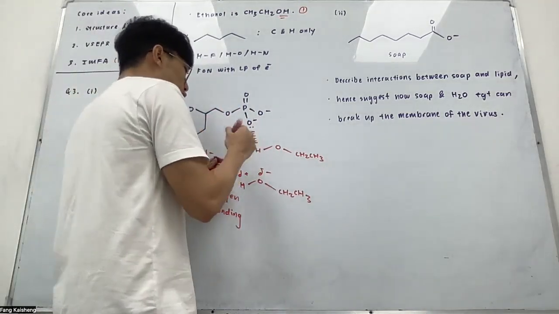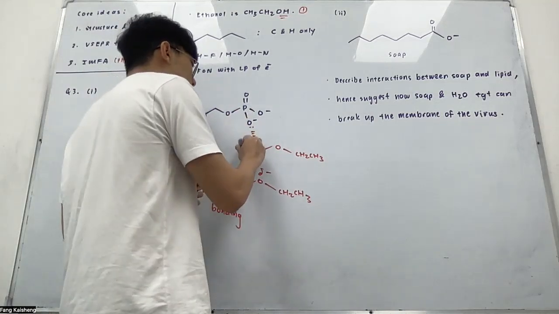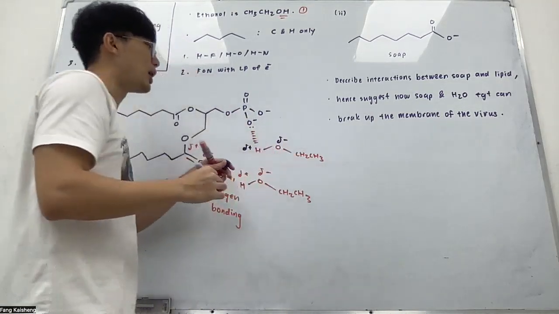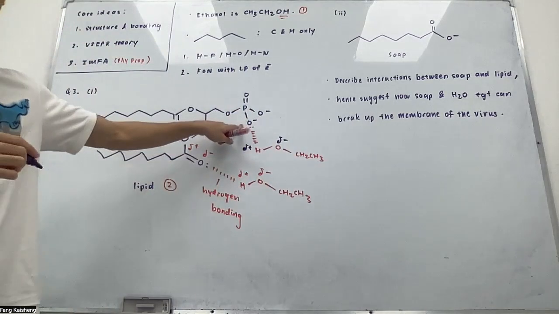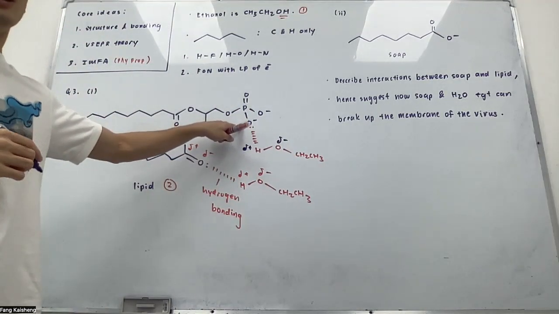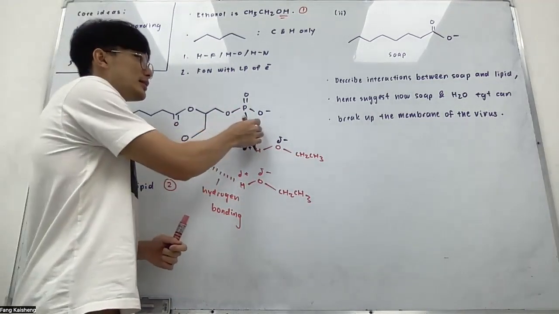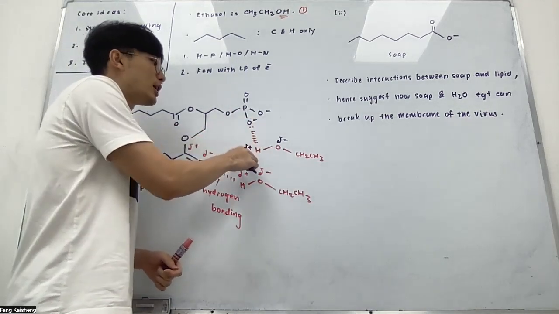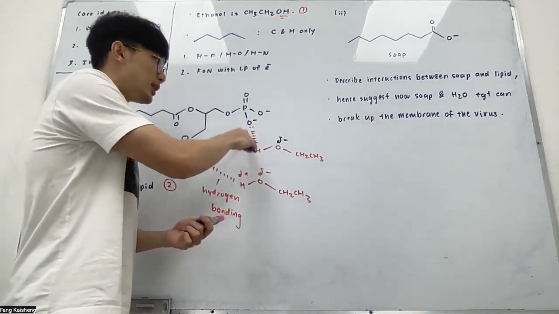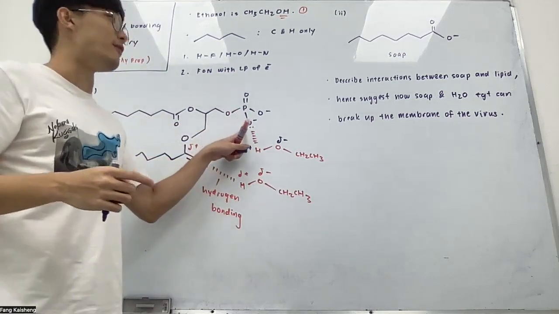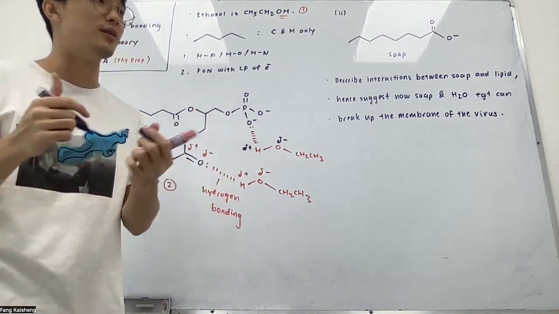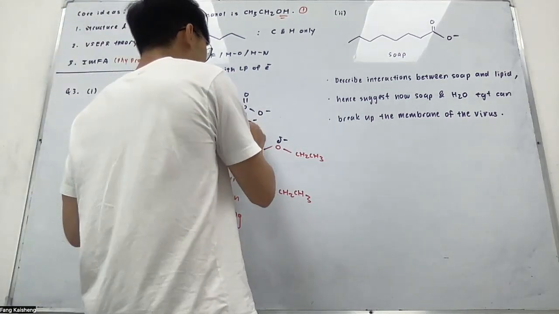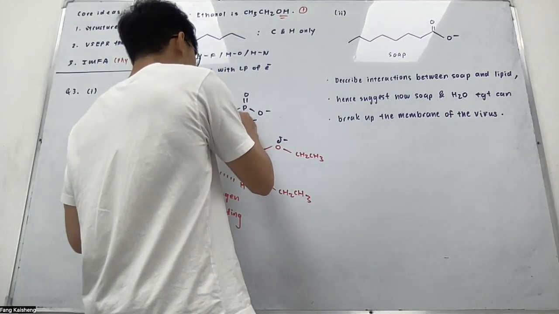You bond it to the H. Now the H here, I need to see partial charges. But can I ask you, is there a need to draw a partial negative charge on this oxygen? No need, because negative charge already attracts the partial positive charge. So here you don't have to put the partial negative. If you want to, it's okay, but it's not necessary. And then from there, you just label the last thing over here, hydrogen bonds.